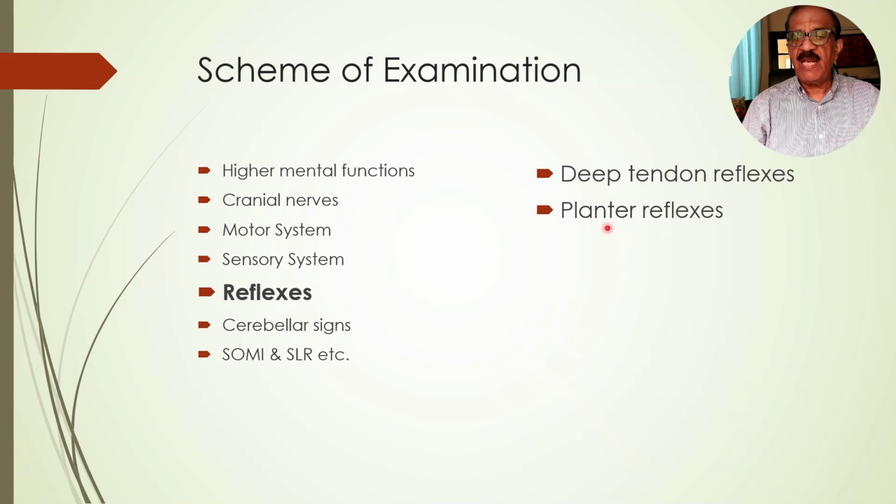The big toe should also move downward. Now if the big toe moves upward and there is a fanning out of the toes, that is called an upgoing plantar reflex or Babinski sign, positive Babinski sign. That would indicate the presence of an upper motor neuron lesion.